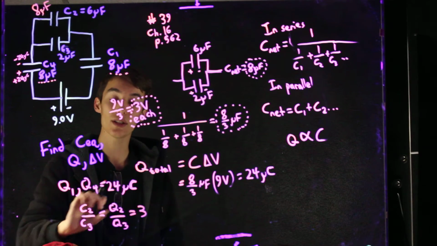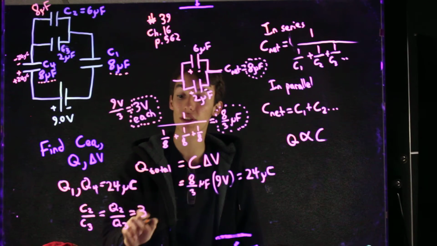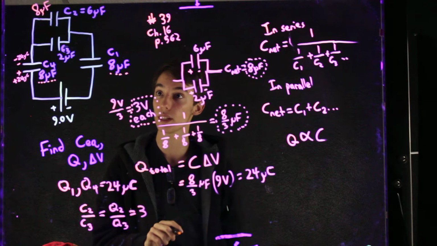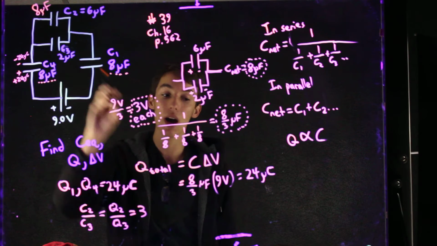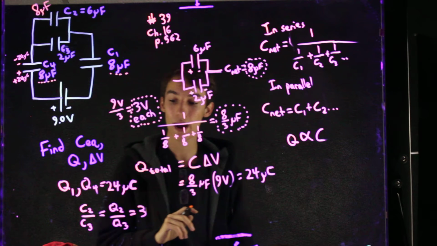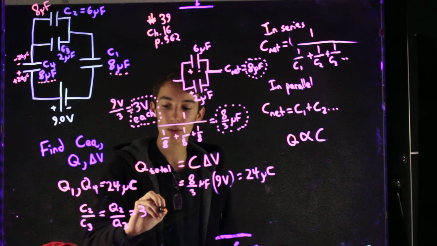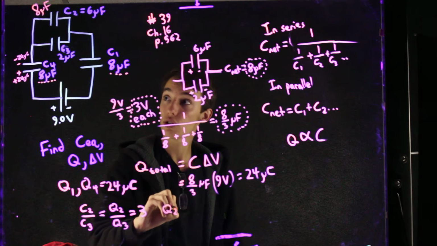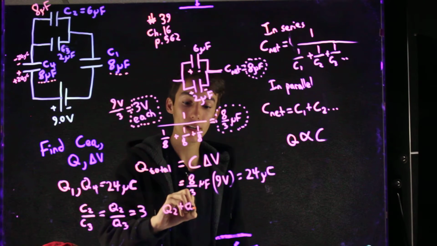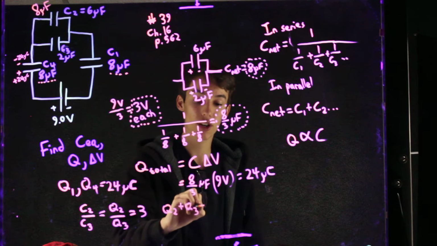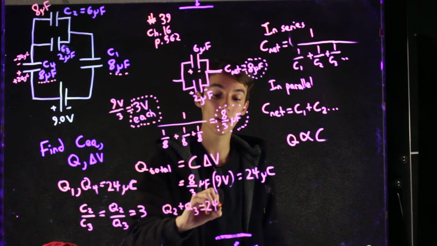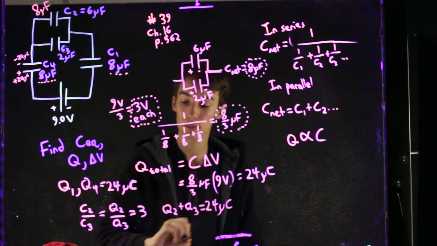And the microfarad units will cancel out, so this charge ratio is in fact just equal to 3. And we know that they are going to sum up to a total of 24 microcoulombs. So for those of you who are doing the mental math in your head, Q2 plus Q3, the charge on capacitor 2 plus the charge on capacitor 3, must be a total of 24 microcoulombs.